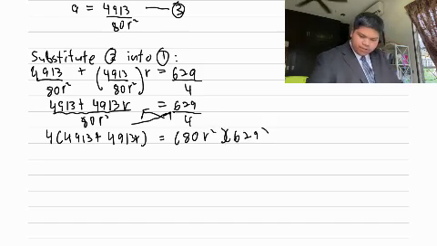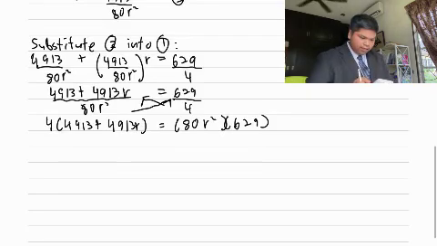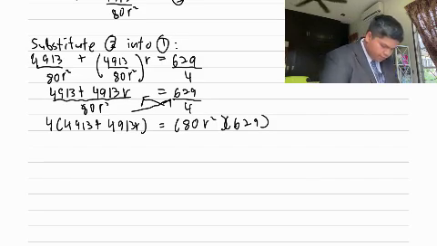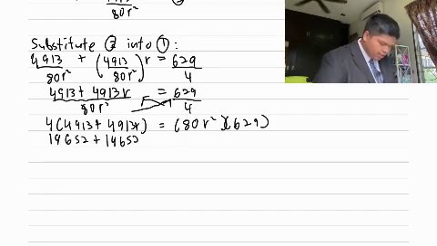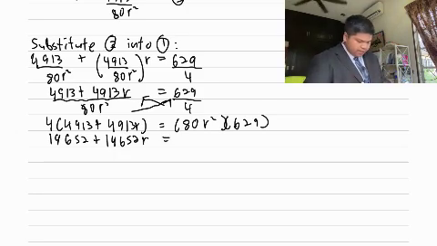Now we can just do simple multiplication using your scientific calculator. 4 times 4,913 is 19,652. So 19,652 plus 19,652r equals 80 times 629.